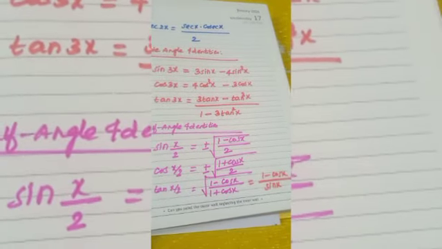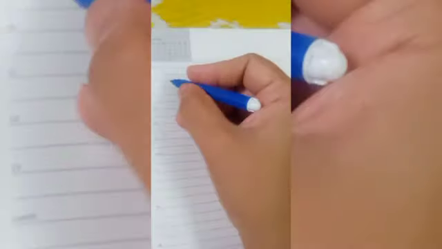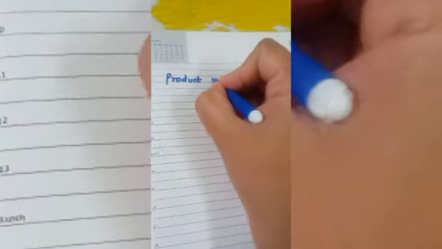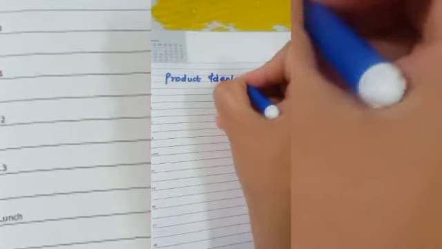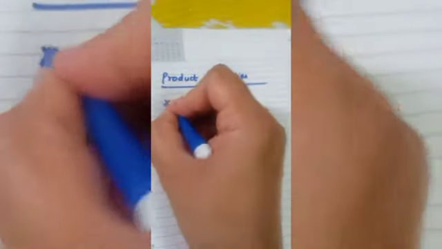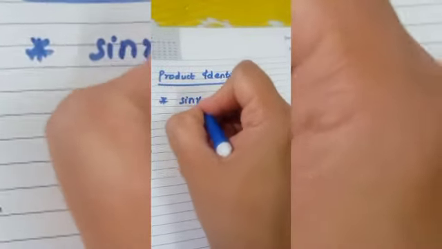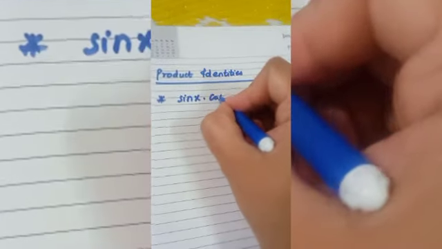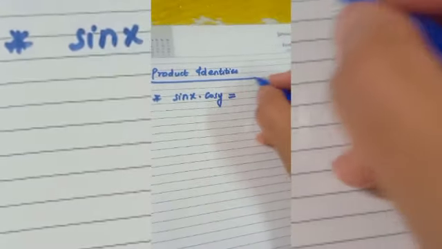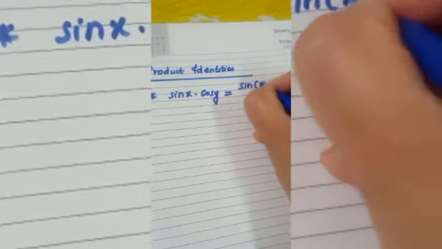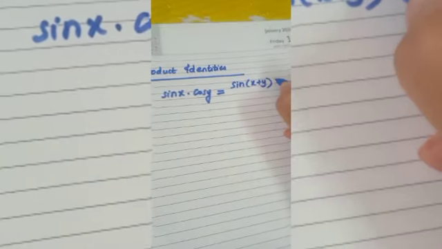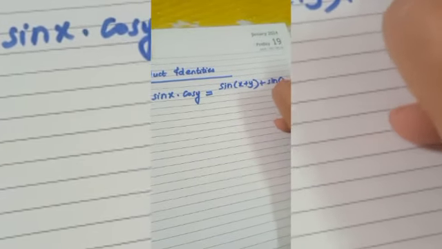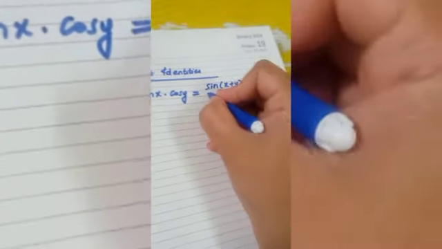Half angle identities done. Now we have to focus on product identities. The formulas are: sin x into cos y is equal to sin of x plus y plus sin of x minus y, divided by 2.